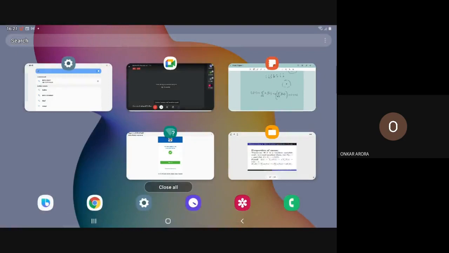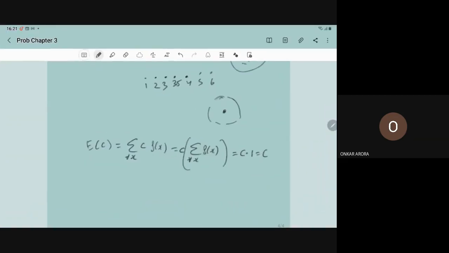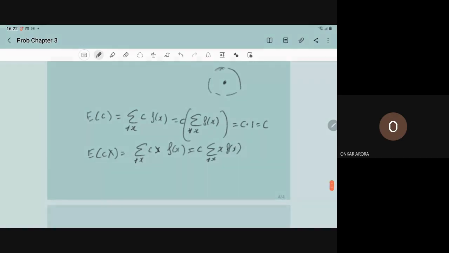Then we have E[cX]. E[cX] is equal to c into E[X]. If you have to compute E[cX], by definition, it is the summation over all x of cx into f(x). So this can be written as c, which you can take outside, times the summation over all x of x into f(x). And what is this, x into f(x)? x is the value and f(x) is the probability.